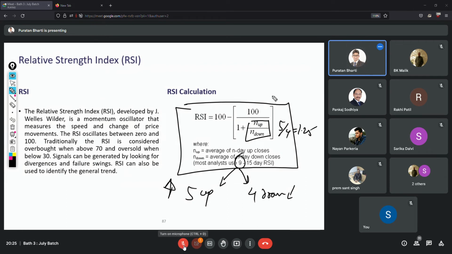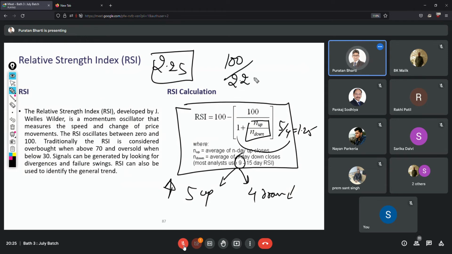Correct. Now, if you add 1, this number becomes 2.25. If you divide 100 by 2.25, what is the number that you get? 44.44.